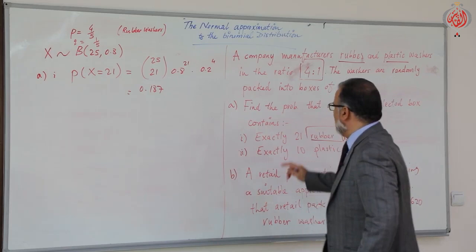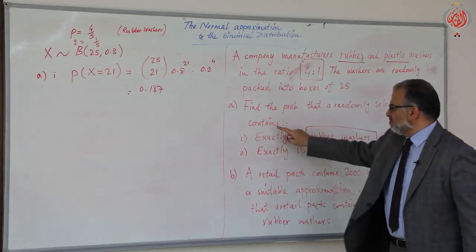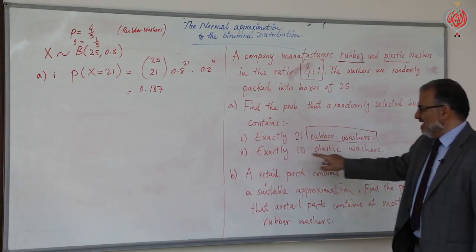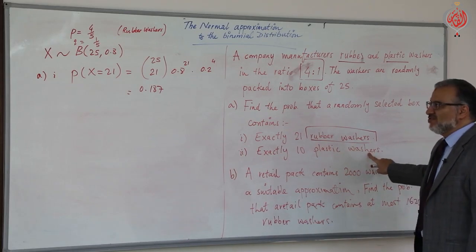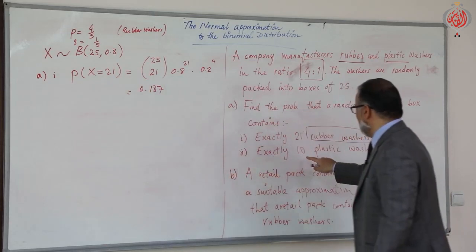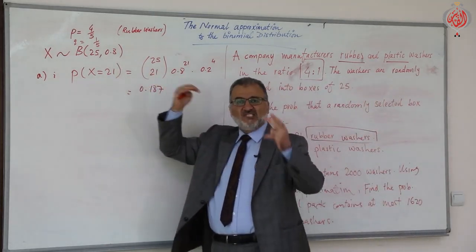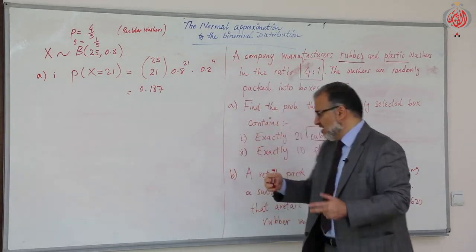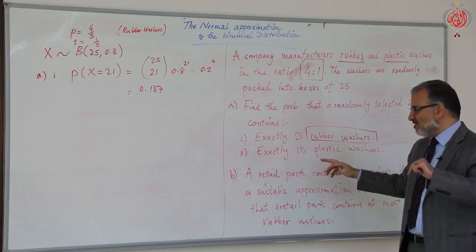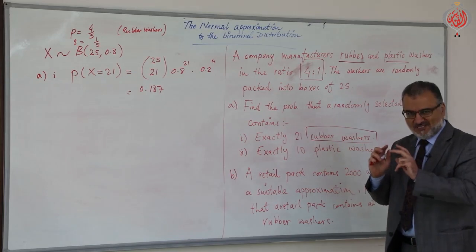Now the second part: find the probability that a randomly selected box contains exactly 10 plastic washers. Don't forget that p is for rubber. So when I say 10 plastic, I can either change p to 0.2 and q to 0.8, or directly, exactly 10 plastic washers means exactly 15 rubber washers. So they are equivalent.